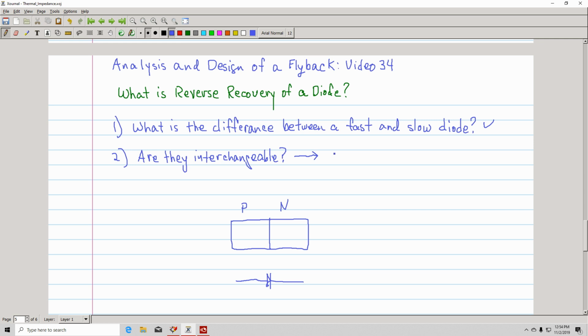In most cases they are not interchangeable, if you're using them in switching power supplies.